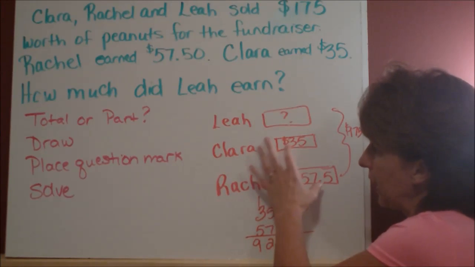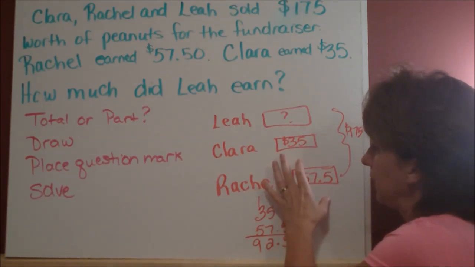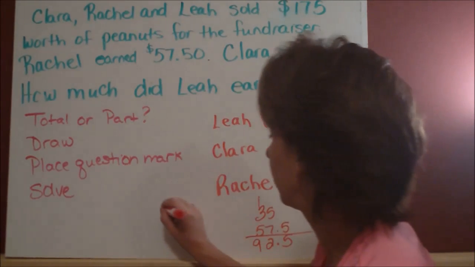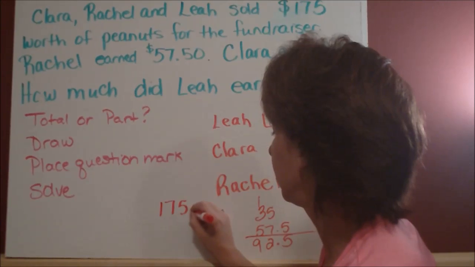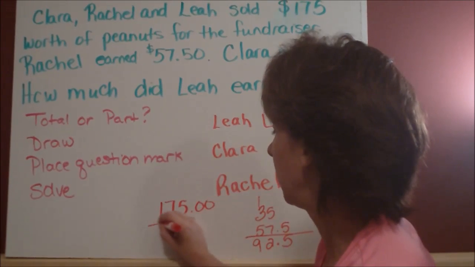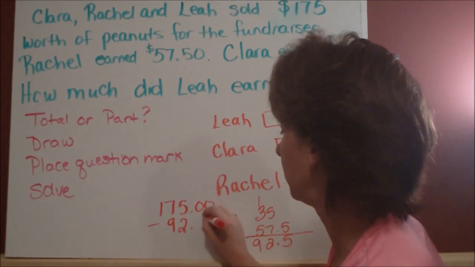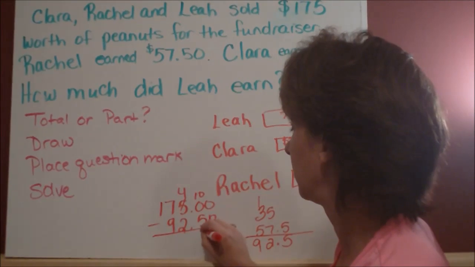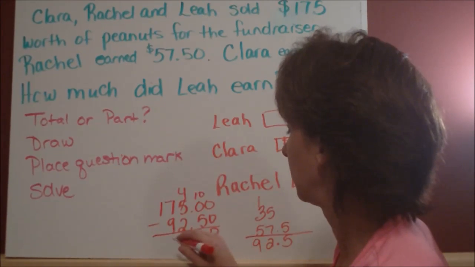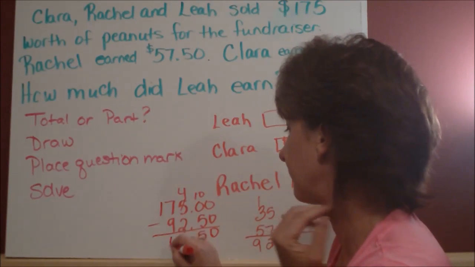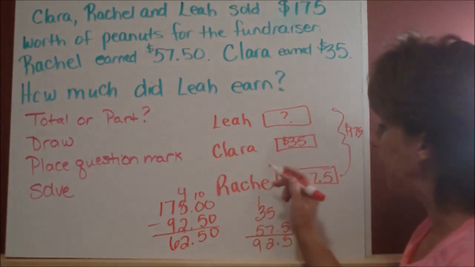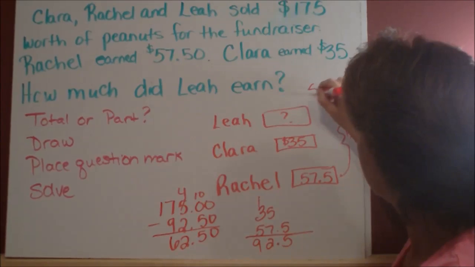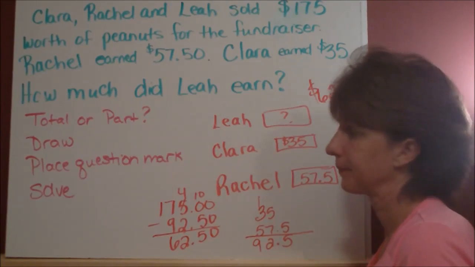If these two together earned 92.50, how much was left for Leah to get from the 175? $175 minus 92.50. So Leah earned $62.50.